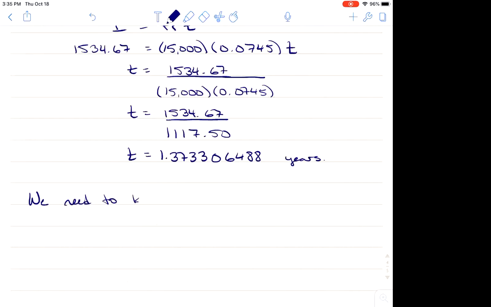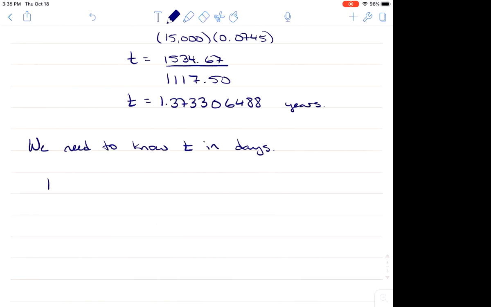That means we have to know the number of days to use the days between dates function on our calculator. So we need to know T in days. T is going to be 1.373306488 times 365 to get it in days. So times 365, I get 501.256868.